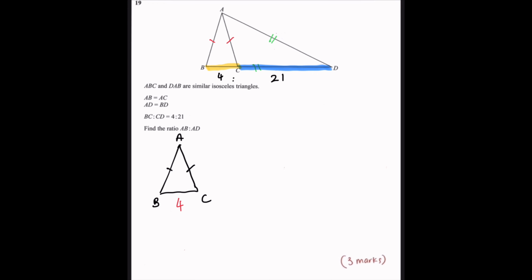Okay. Let's draw out the big one. And these are my sides. That's triangle D, A, B. And I know the length of one side from B all the way to D is 25. Okay, so if that's 25, this length is also 25. It's the same.